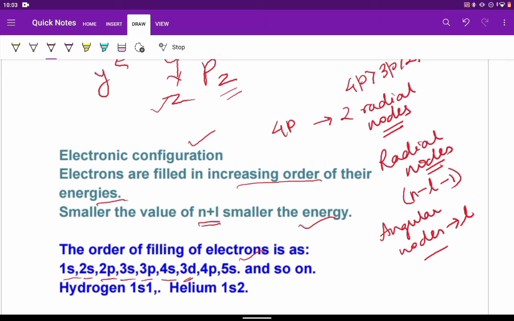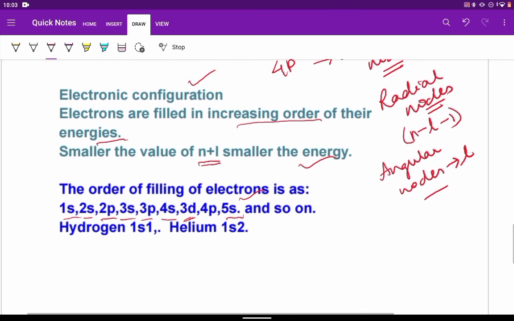After 4s, the 3d orbital gets filled. All the transition metals will be placed here in the 3d, 4d, that is the d block elements. After 3d filling, 4p filling will take place, then 5s comes.